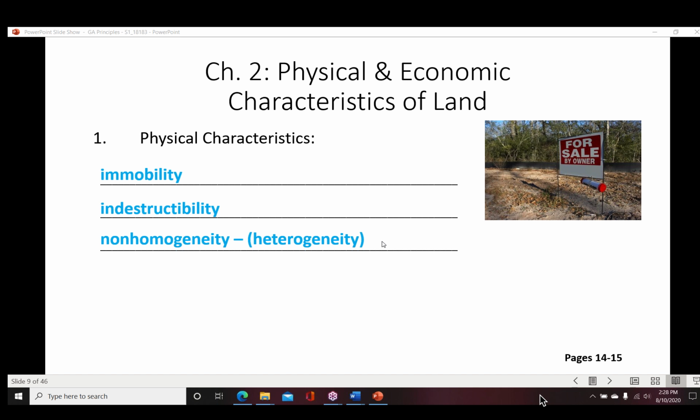Next is non-homogeneity, heterogeneity. Let me even give you another word that's even better than that. Write it down. It's called unique. A physical characteristic of land means that there's not another one like it in the universe. You might say, well, Lee, what about two acre tracts of land right beside each other in the salt flats?